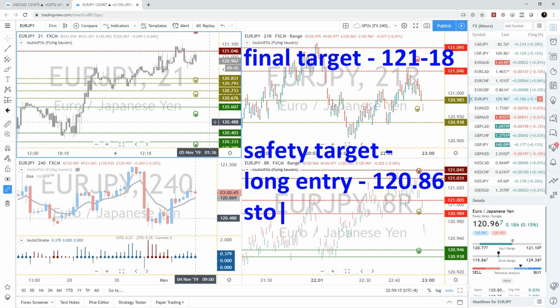And then the stop loss would be located below 120.67. Remember, we subtract 5, so it's going to be 62. So from 62 to 86, what we have is 24 pips. So if I add 24 to the 120.86, that's going to make this 121.10.